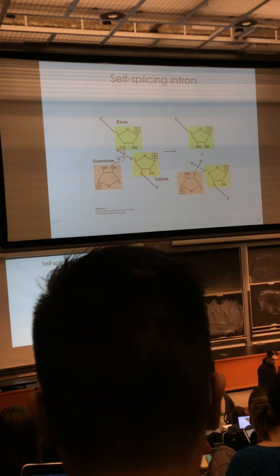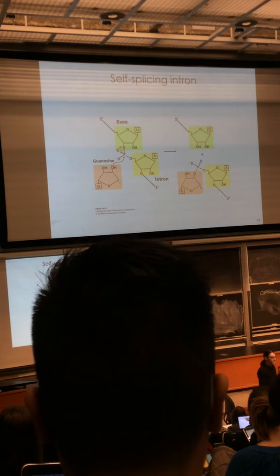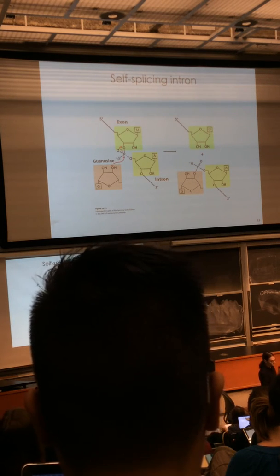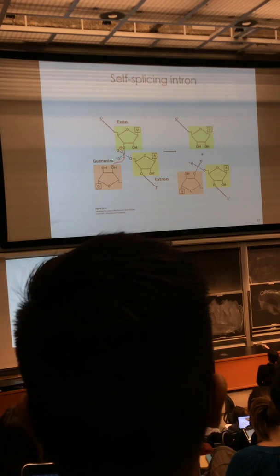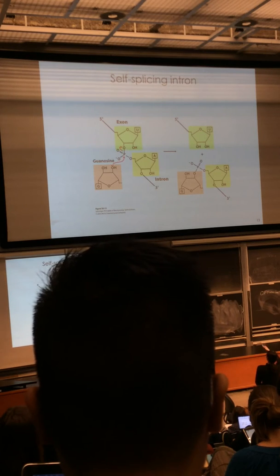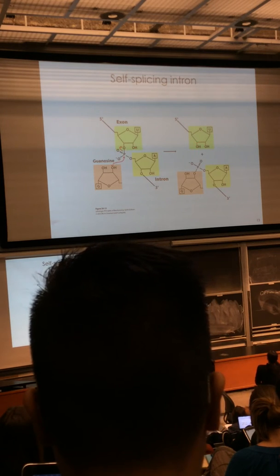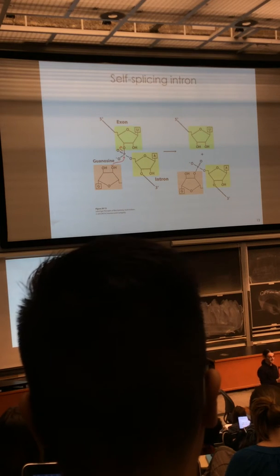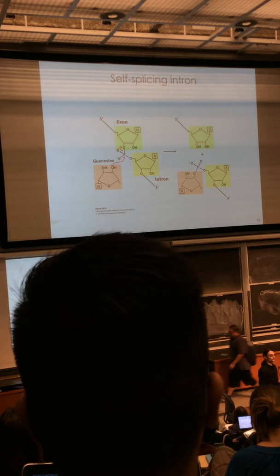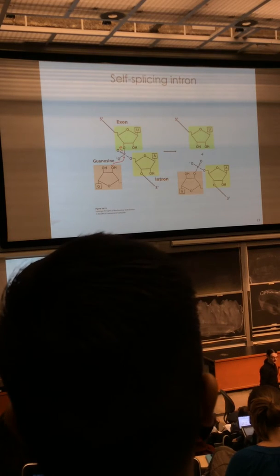And the exact chemistry to carry this out is the same kind of chemistry that we've seen from RNA polymerases and from many other kinds of enzymes: a nucleophilic attack by this OH onto the phosphate that then releases this and leaves a free 3' OH, which then again performs the same kind of nucleophilic attack onto the phosphodiester bond at the beginning of the downstream exon.